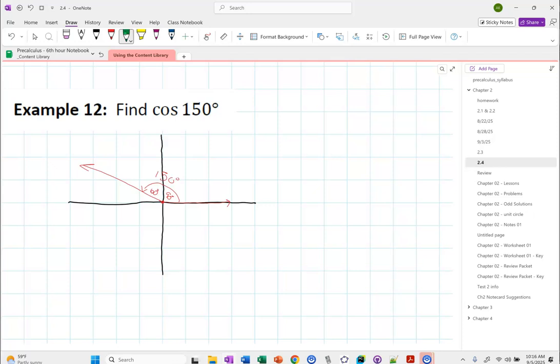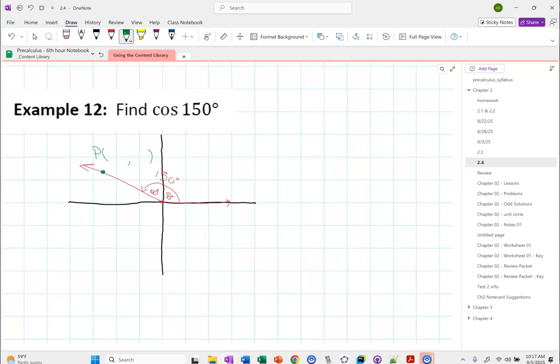I'm going to pick a point anywhere on that terminal side. I'm going to label that point P. And I'm going to leave some space because I'm going to figure out the coordinates for that point in a moment, so I can write those in.